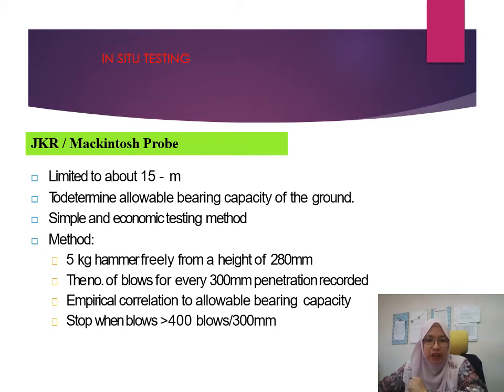So the hammer freely falls from a height of 280 mm, and then we apply the blows for every 300 mm penetration. You have to measure the rod and label or tick the 300 mm intervals on the rod, so that you can count the number of blows at every interval.